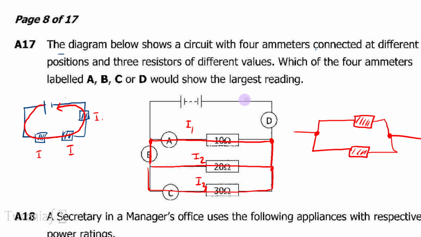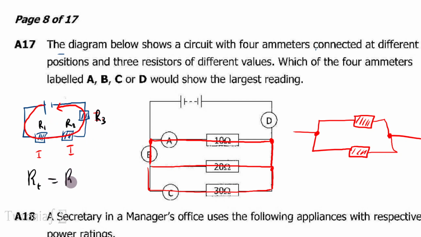Now for resistors, before we even go to current, how do you find the total resistance? The total resistance for resistors in series: if this is resistor 1, this is resistor 2, and this is resistor 3, the total resistance, which we're calling R total, will just be the sum of these resistors.